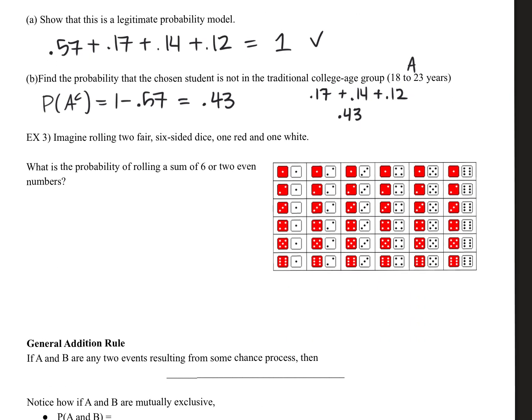All right, now let's go back to our 2 fair 6-sided dice, 1 red and 1 white. Now we want to find the probability of rolling a sum of 6 or 2 even numbers.